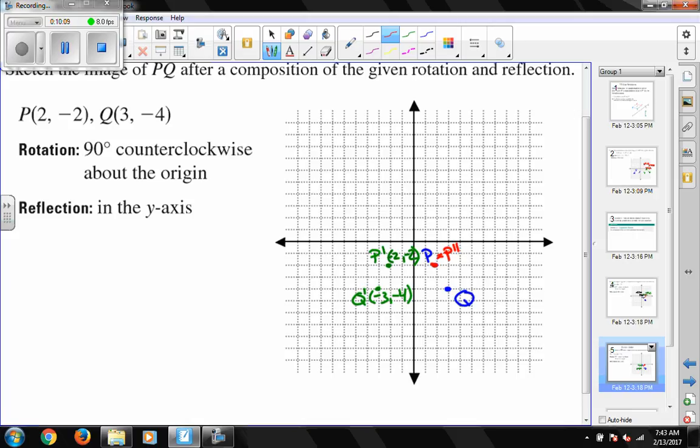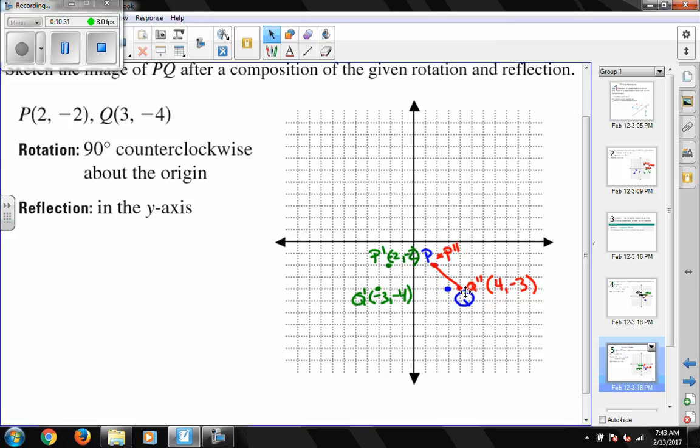The difference here is going to be with our Q. We change the -4 to a +4, flip it with our -3, so we're at +4, -3. So our Q double prime will be at 4, -3.